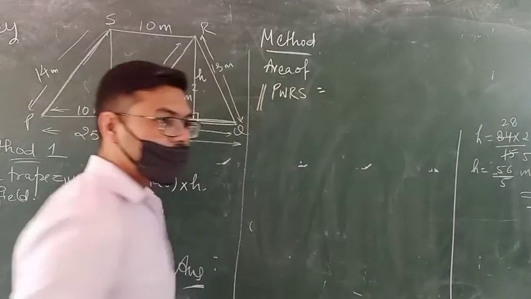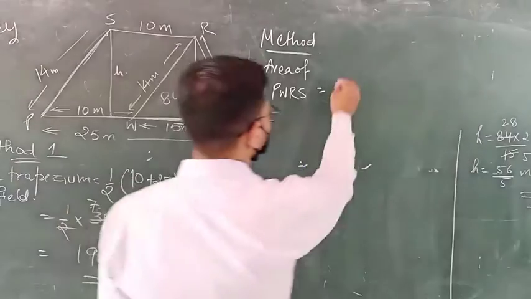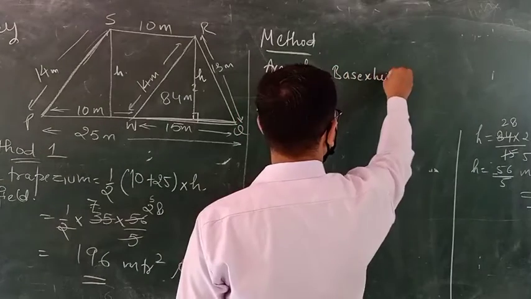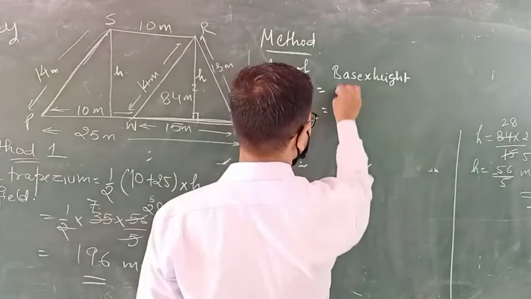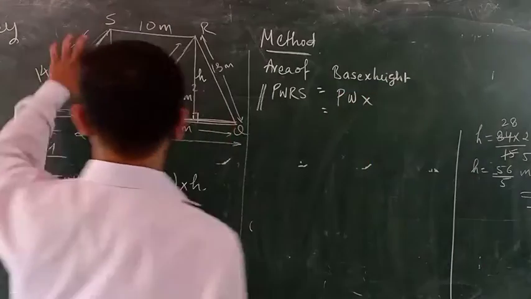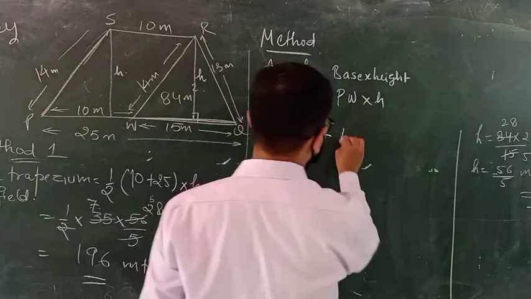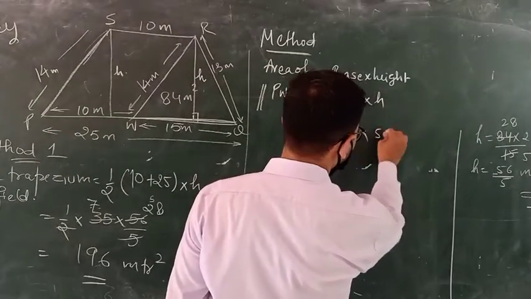What is the area of parallelogram? Base into height. Base is given, PW. What is base? PW. What is height? h. PW is 10. Height is given, 56 divided by 5.